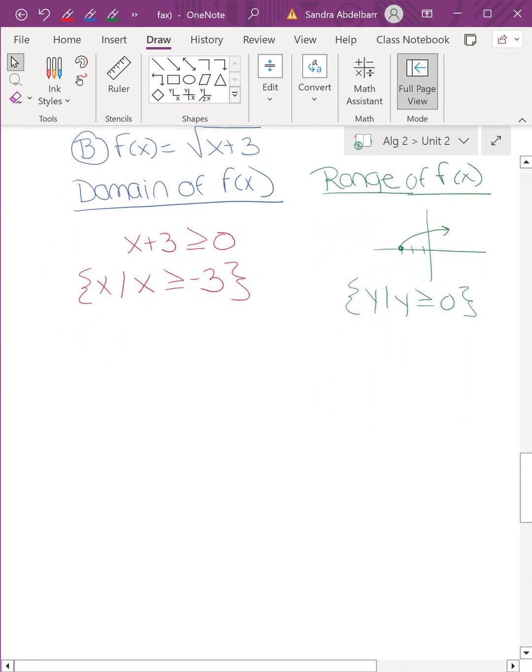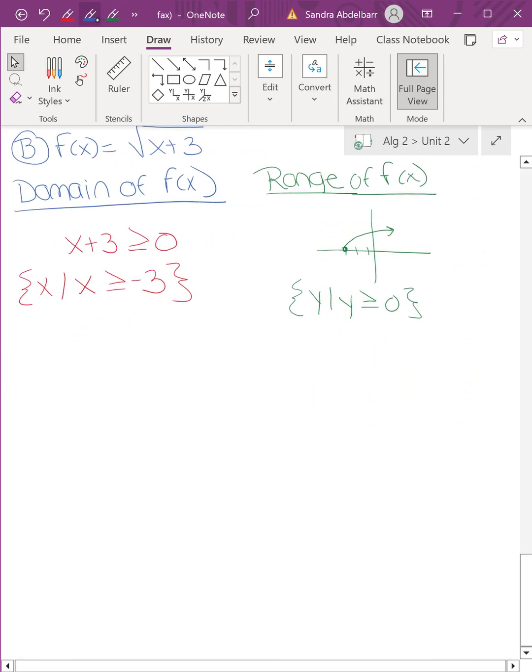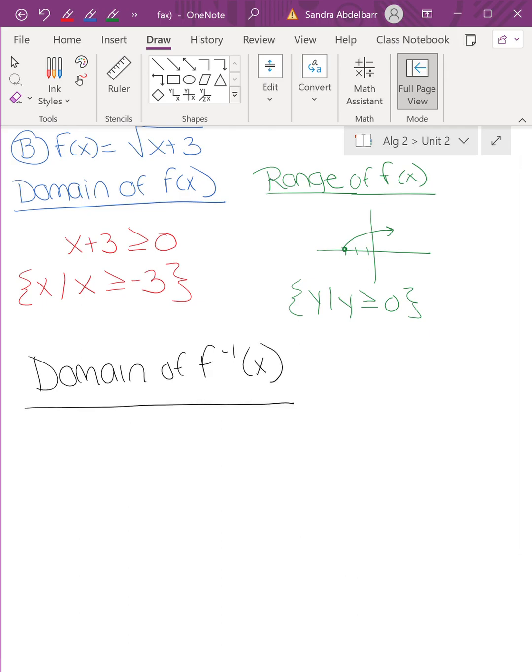Okay, so now, very important, let's do the domain of the inverse. Well, isn't the domain of the inverse the range of the original? So now my domain is going to be x such that x is greater than or equal to 0.